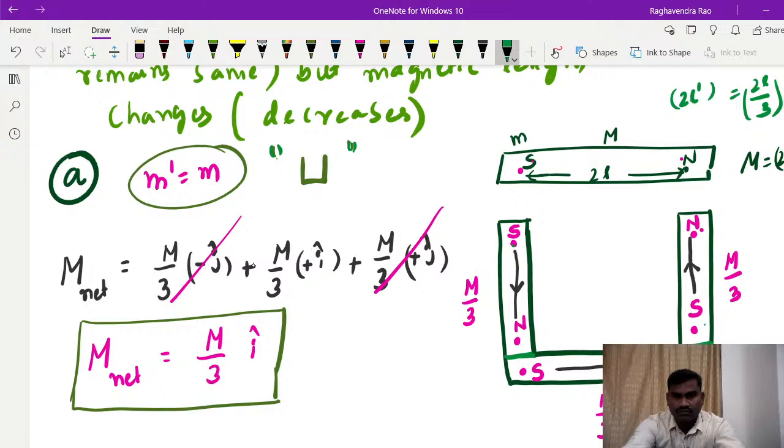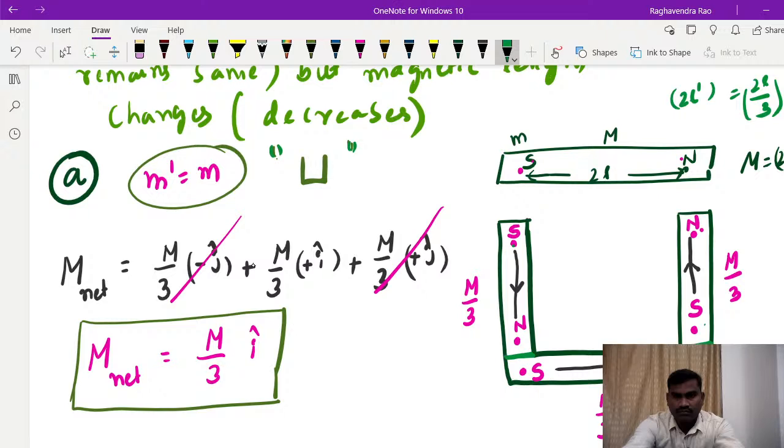As we know, magnetic moment is always directed from south pole towards north pole. So in vector notation, to identify the resultant magnetic moment, we have taken it like this. This part, M by 3, is acting along the negative y axis, minus j cap.